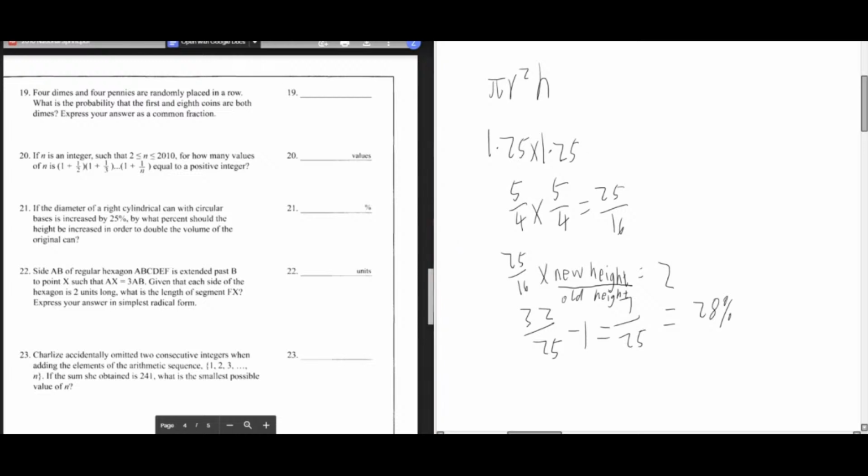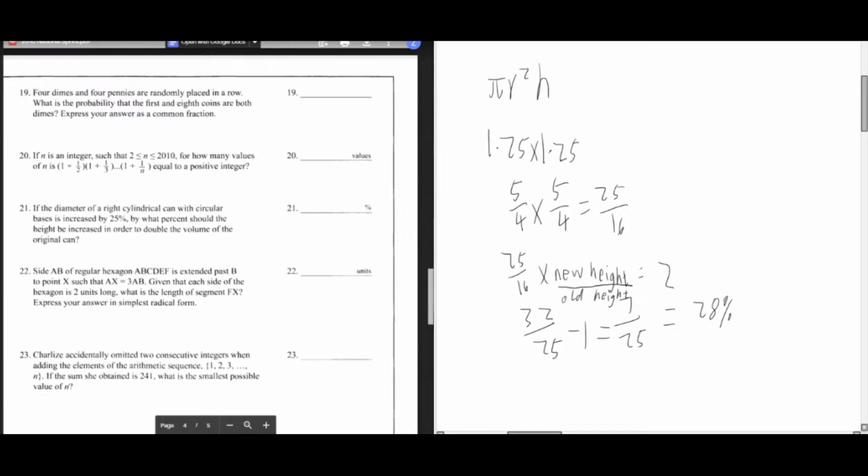Okay. Is there anything else you want to say? Doing this for people that already know these kinds of problems is fine, but for people that might not know these problems initially, I think it's also helpful if you show it in terms of R naught and stuff. So I like to have my initial volume be pi R naught squared times H naught.